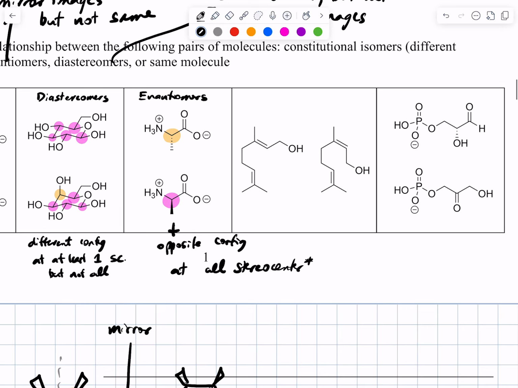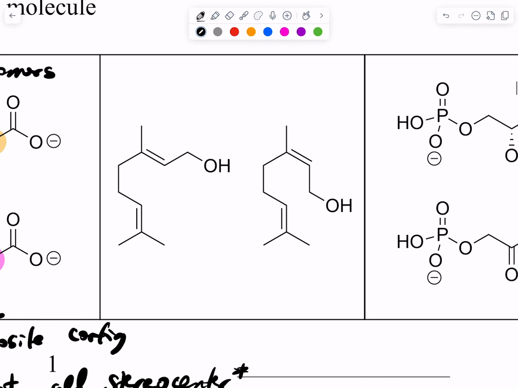Okay, how about these two? Next. Some confusion. Some of you said constitutional isomers, some of you said diastereomers. The right answer is diastereomer. Okay, all cis-trans issues about pi bonds are diastereomer issues.